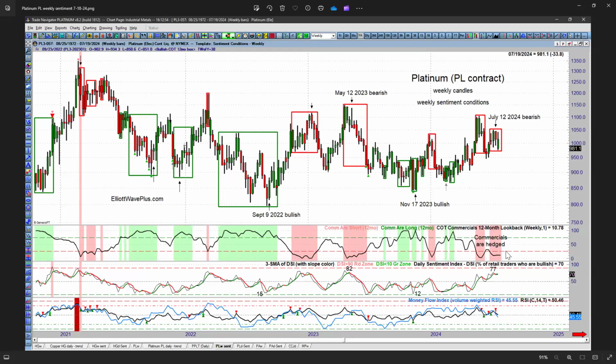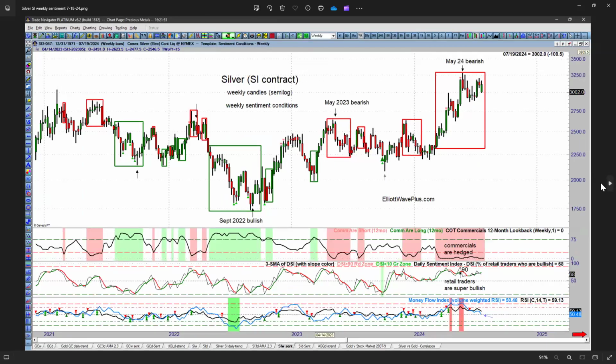This is just a matter of reading the charts. Commercials are fully hedged. They think prices are moving lower. Retail's recently at 77, which is about as high as it's gotten over the last couple of years. That's bearish on platinum.